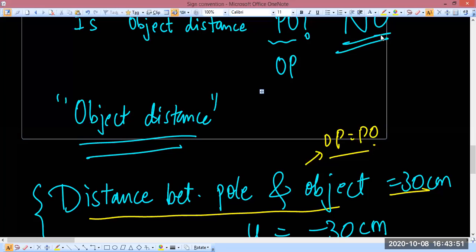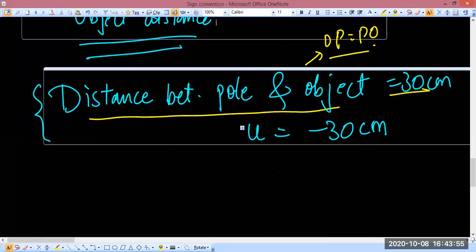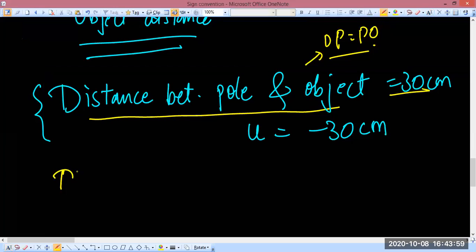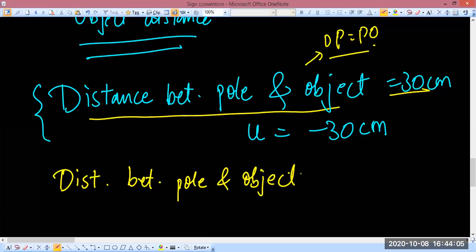Sir, but don't we take distance positive? Swarali, yes, distance is positive. So I would like to take this opportunity to say that these two don't mean the same, everyone. I'd like to explain that these two don't mean the same.